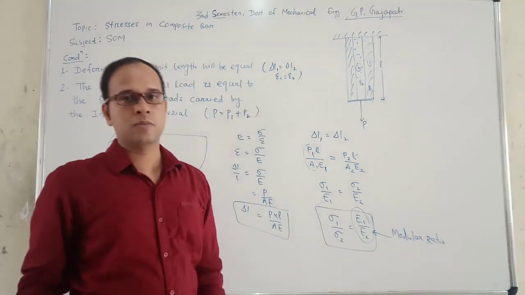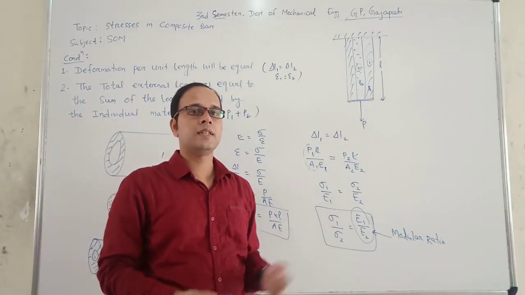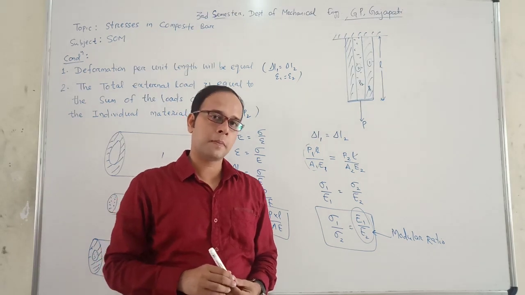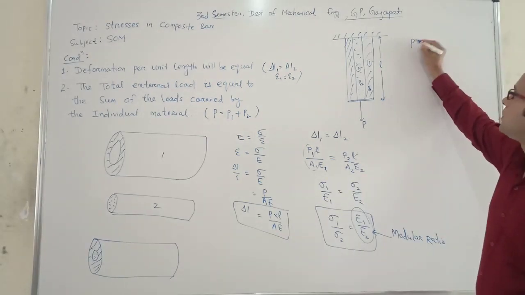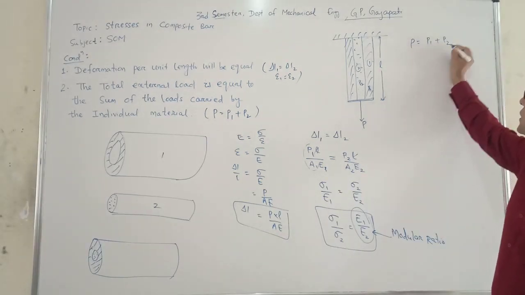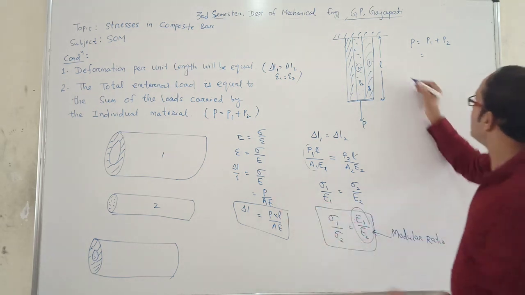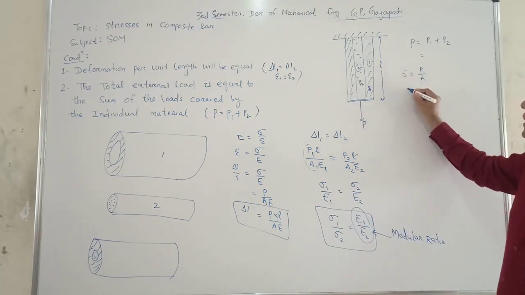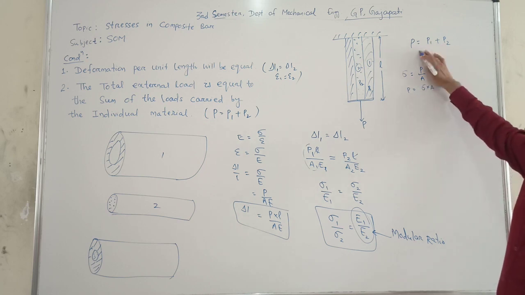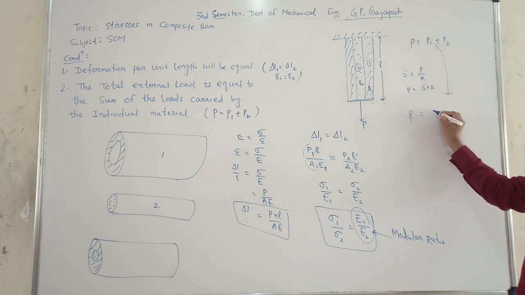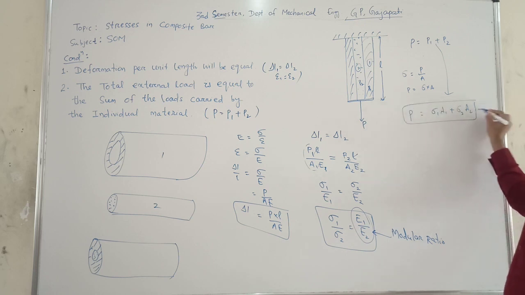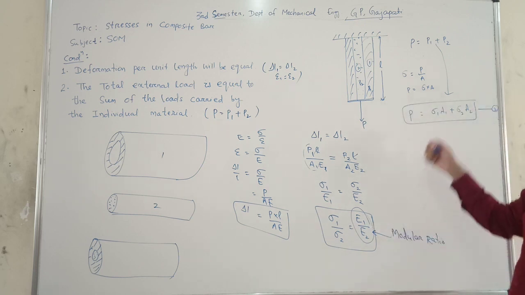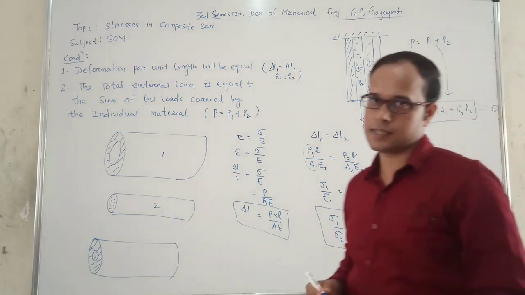It is the ratio of Young's modulus of elasticity of the two materials of a composite bar. Again we know P is equal to P1 plus P2. Stress is load per area, so load is sigma into area. So P is equal to sigma 1 A1 plus sigma 2 A2. This is another equation.